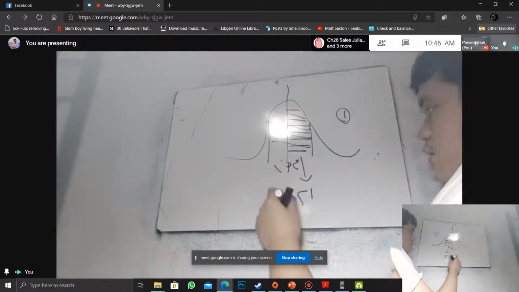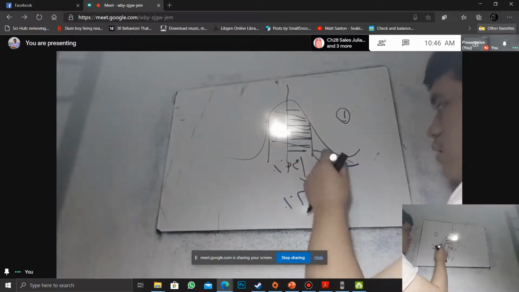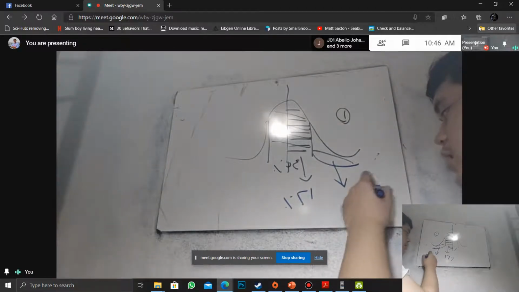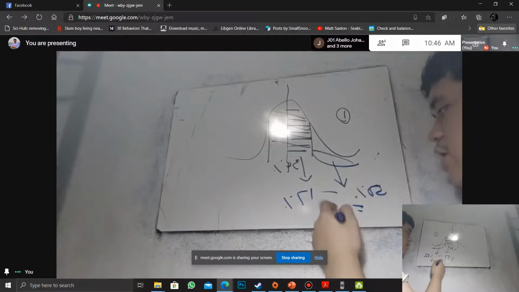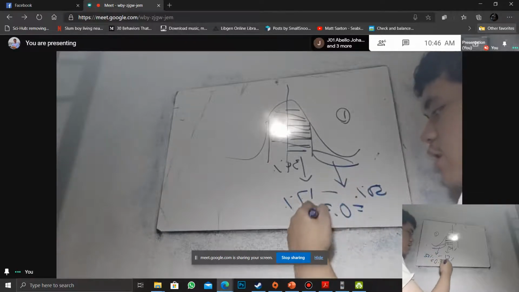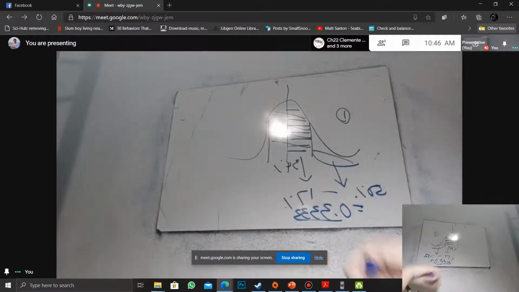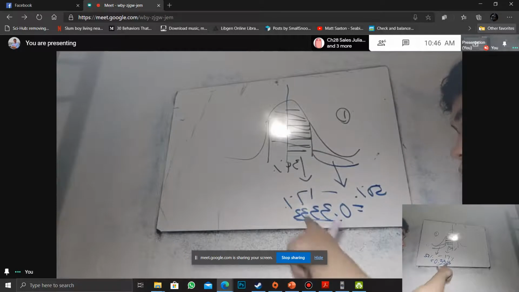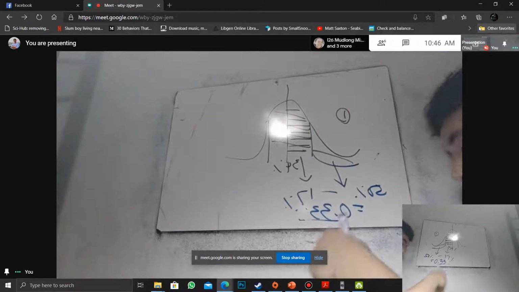So, kailangan natin kunin to. Ano to? Diba 50% yan? 50% minus 17% equals 33%. So, we get the z-score corresponding to this. 0.33 lang pala. 0.33. No? Game. Let's look at the calcu.